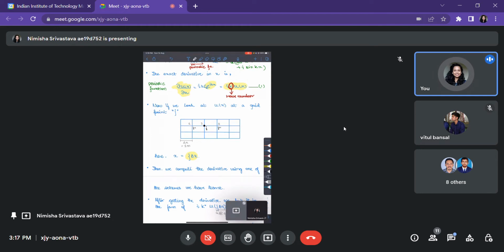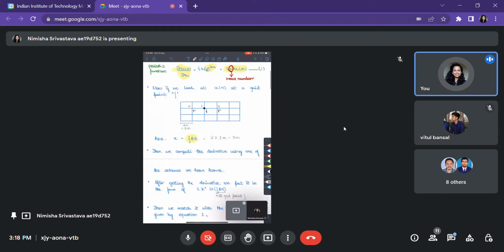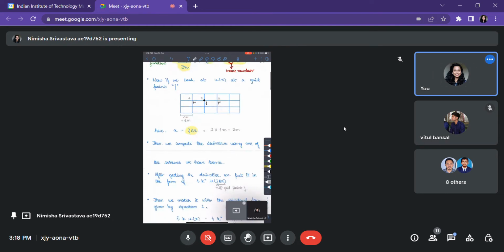I would say 2 into delta x, which is 1 meter, so this is 2 meters. So then I'm just going to look at any arbitrary grid point j. Why we are talking about grid points is that we are dealing with CFD, and inherently that means dealing with a discrete mesh.